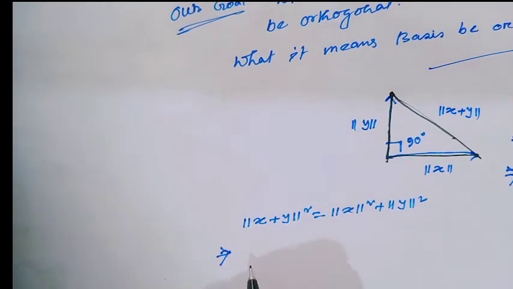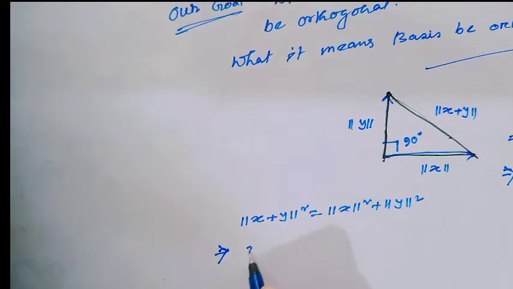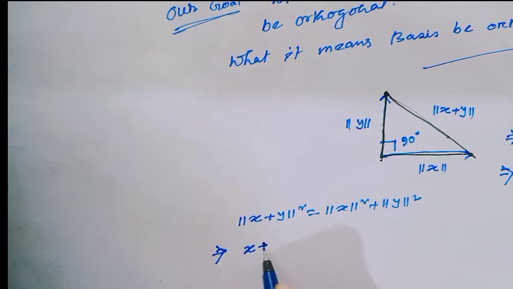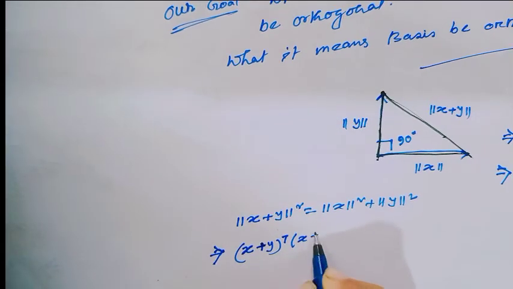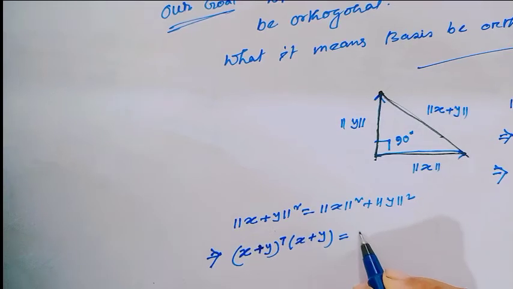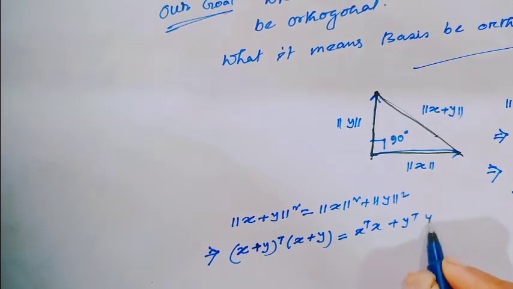Now we all know norm of x plus y whole square means the inner product of x plus y with x plus y. That means this would be (x plus y) transpose times (x plus y), and norm of x square means x transpose x, and norm of y square means y transpose y.